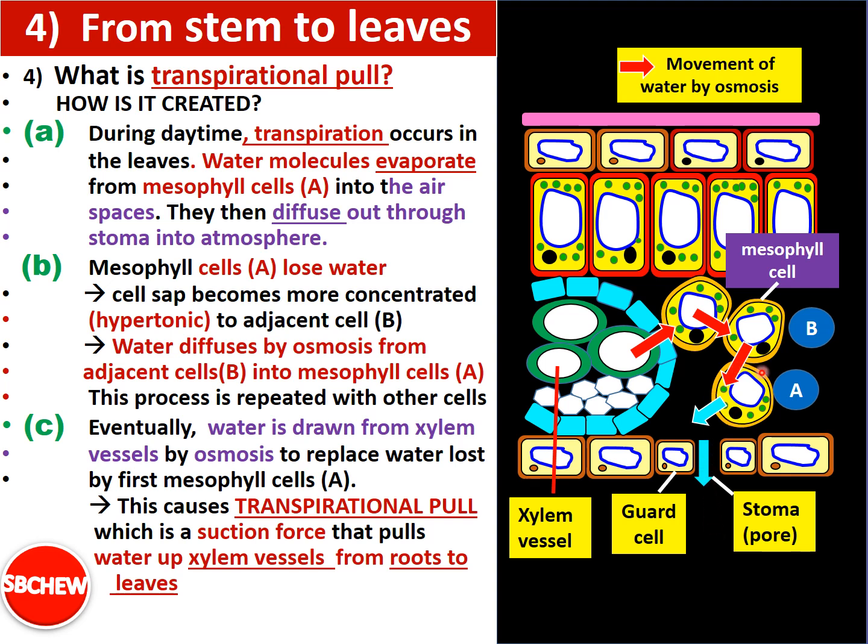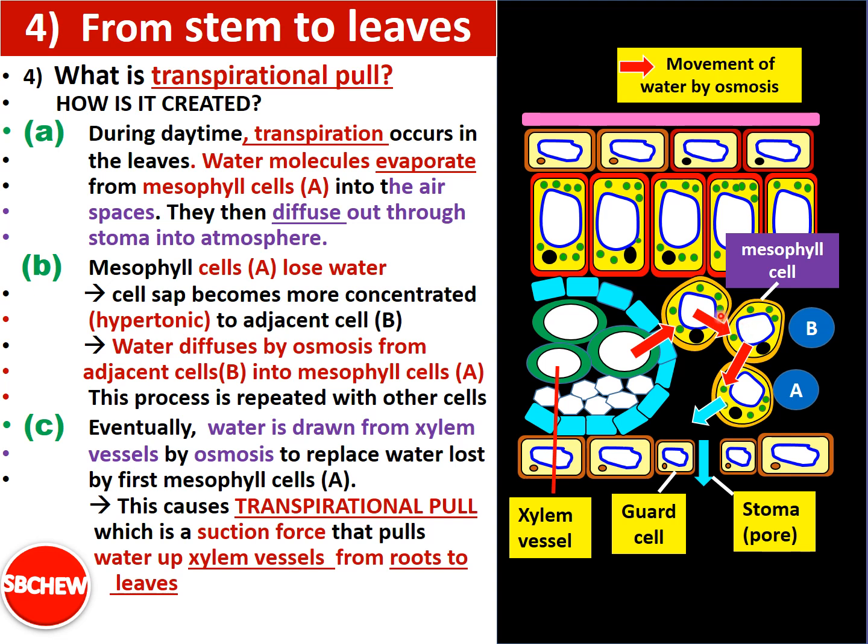But what happens to the cell that loses the water, like this cell A? Its cell sap will become hypertonic compared to the adjacent cell. So there's a difference in concentration of water, and water will diffuse from cell B into cell A by osmosis. This will make cell B hypertonic compared to another adjacent cell, so water will diffuse from this adjacent cell into cell B by osmosis.